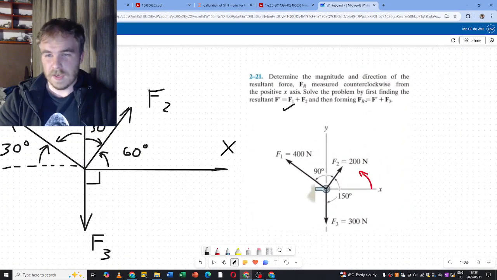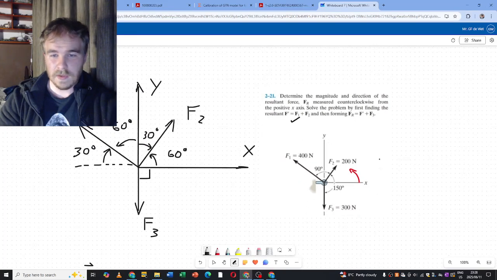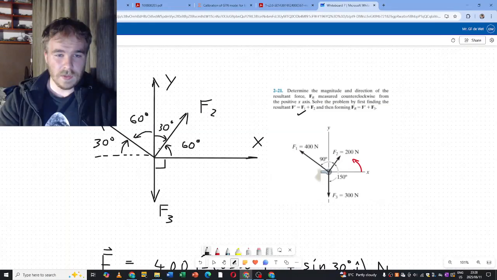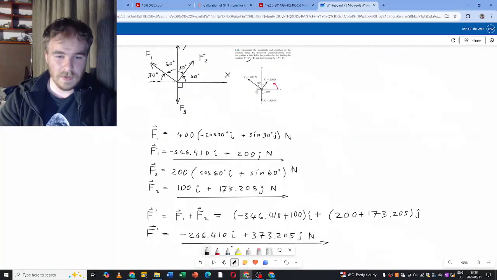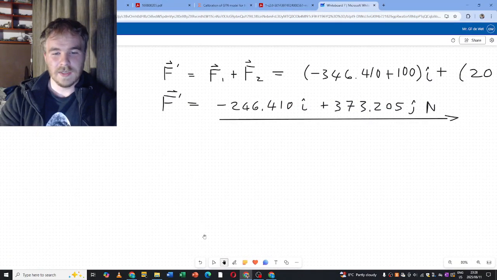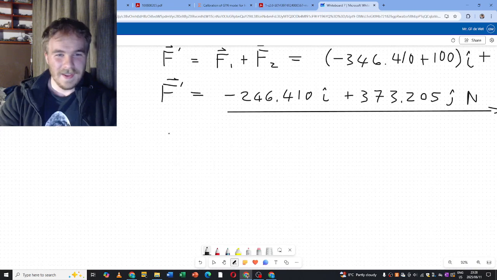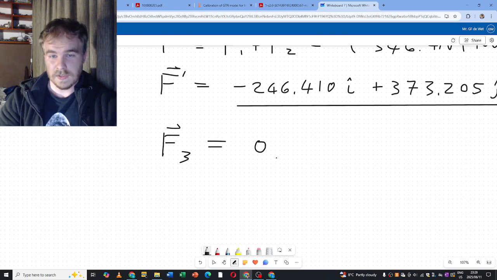Great, now the next one, that's FR, and before we get to that we need to quickly put F3 in vector form as well, but that's really simple. I should probably use this rather, it's less disorientating. Okay, F3, let's put that as a vector, and F3 is really simple because it has 0 in the i direction, and then it has a negative value.